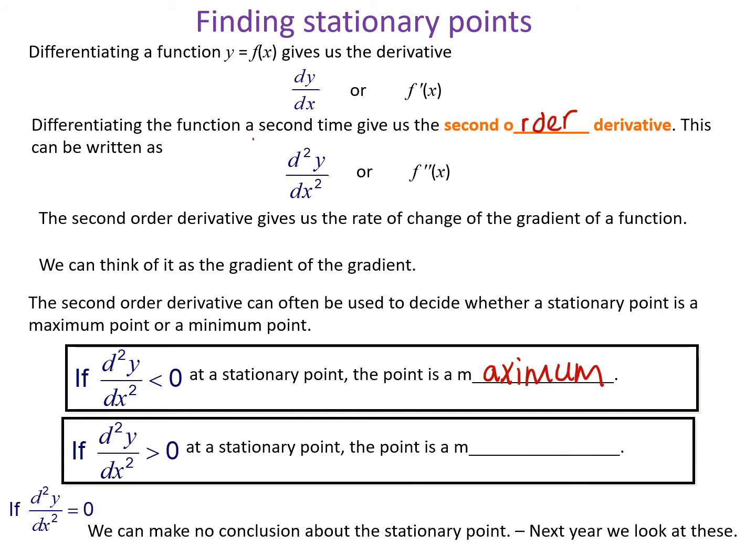And if d2y by dx squared is greater than 0, then it's a minimum. And if d2y by dx squared is 0, we cannot make any conclusion about the stationary point, and we look at what we do with this next year, so not in the AS course.